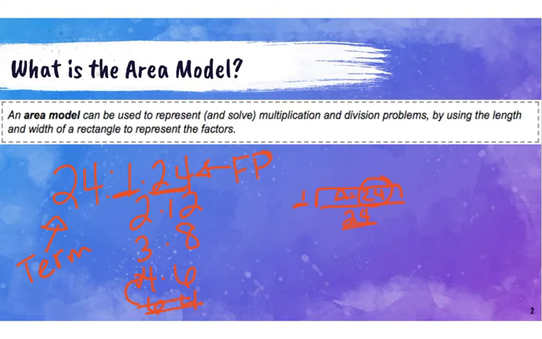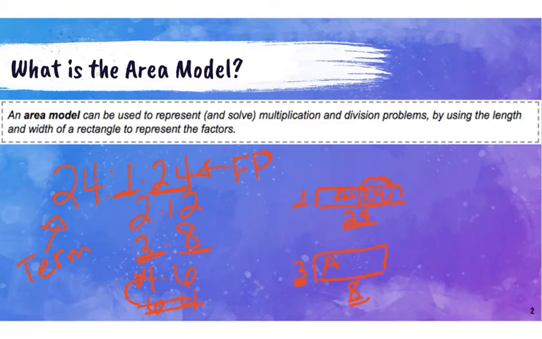Now, I could also take other factors of 24. I could say 3 and 8. So 8 is bigger than 3, but not so much bigger like 24 is. If I say that this is 3 and this is 8, again, 3 times 8 makes them factors.